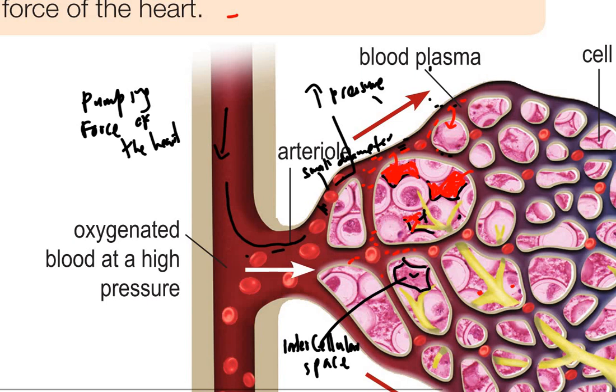Okay, the blood plasma here. So all the space will be occupied by this blood plasma and buffer the cell. So now the cell will be bathed in blood plasma here. Okay, all will be filled in with the blood plasma.